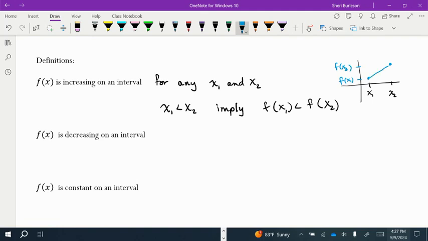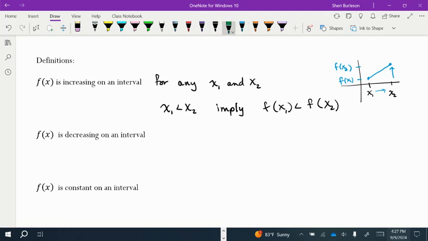So we see that that is increasing. As I move from left to right, the function is increasing. That is the definition of increasing on an interval. And this is true for all values of x on that interval.